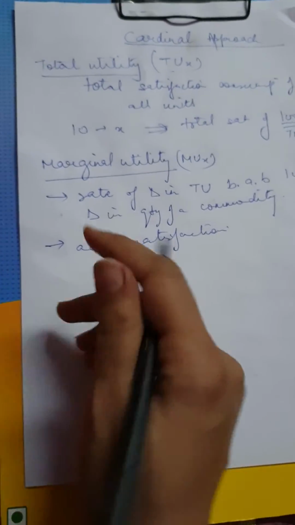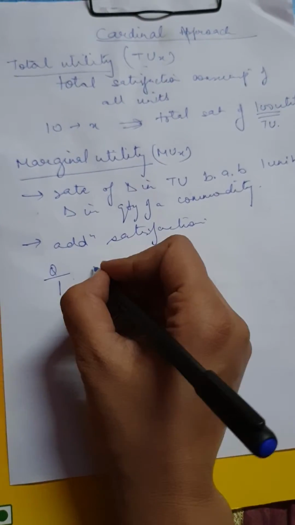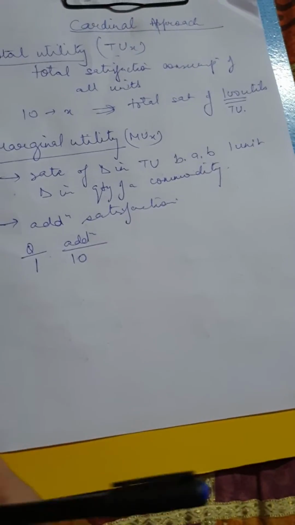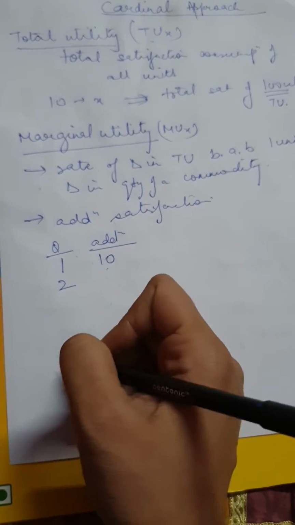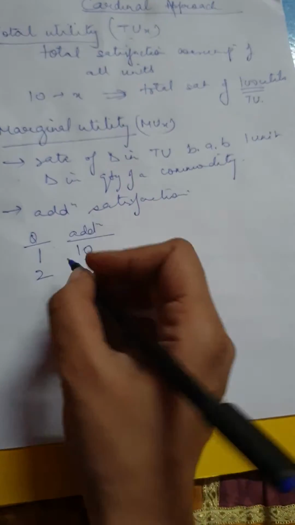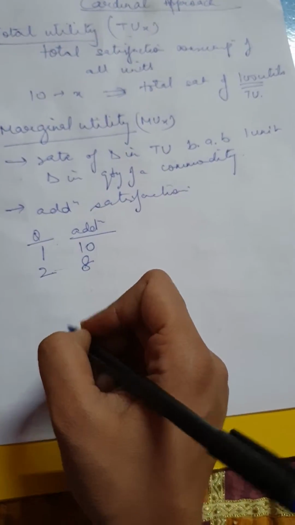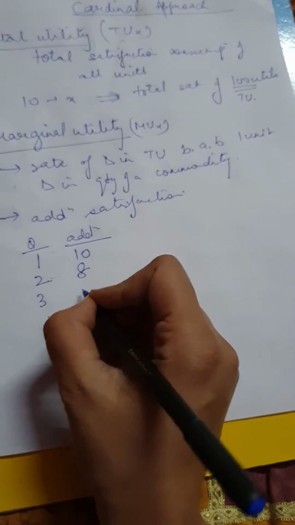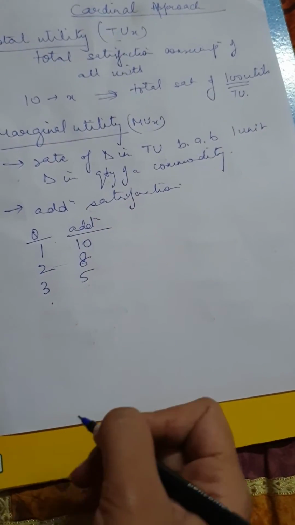For example, let's say I had the first chapati. By eating the first chapati, the additional satisfaction that I derived was around 10 utils. Now when I eat my second chapati, it will not give me the same satisfaction because my stomach is starting to fill up. Only the second has given me 8 units of satisfaction. When I have the third chapati, my tummy is fuller again, so it will give me a lesser amount of satisfaction, let's say 5 units.